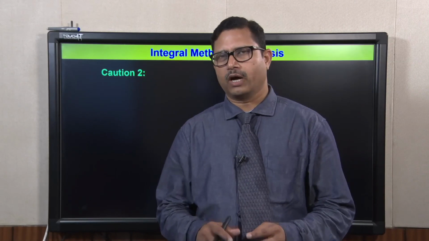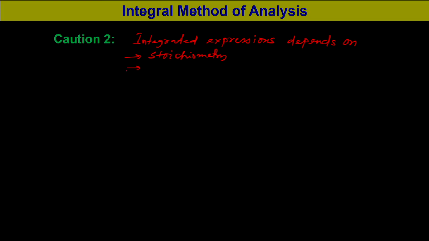Now, another question for this type of analysis is how the reaction kinetics as well as the stoichiometry influence the analysis by the integral methods. So, the integrated expression depends on both the stoichiometry as well as the kinetics.